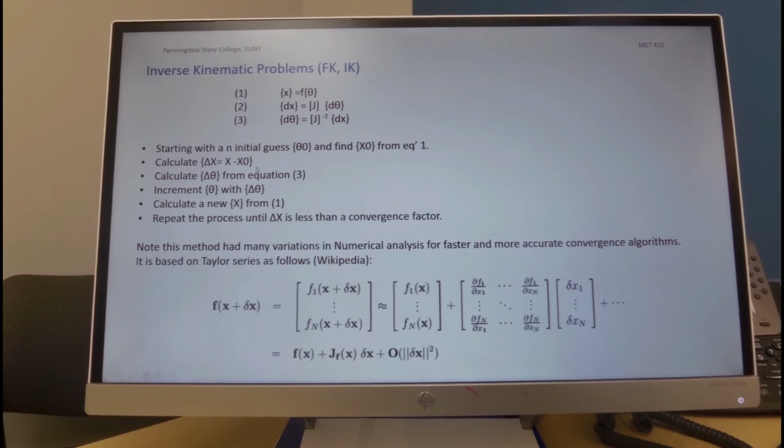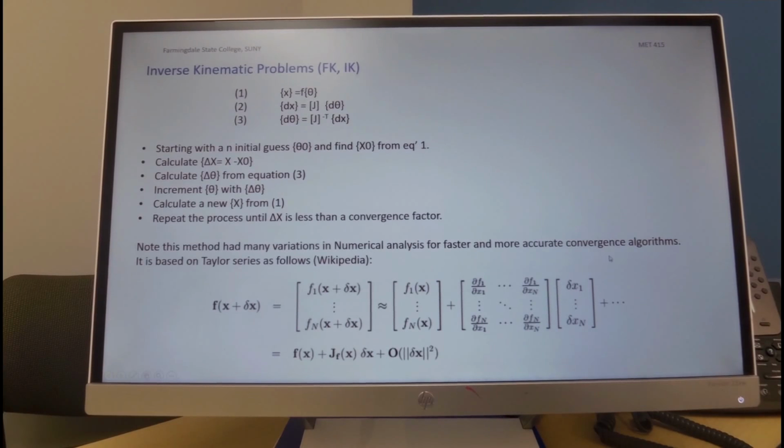Now, this iterative process has many variations. I personally used one variation in my doctorate dissertation called Newton-Raphson, which has a very effective convergence factor. This convergence system is a little bit less complex and also slower, and may have issues of convergence.